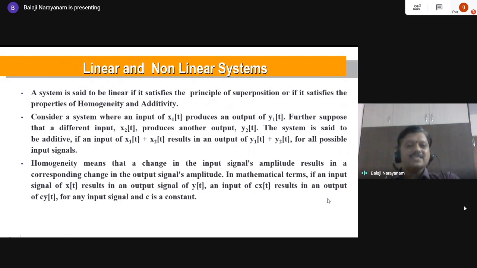In that case we may say that the system is satisfying the condition of additivity.